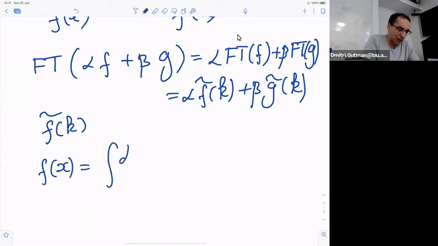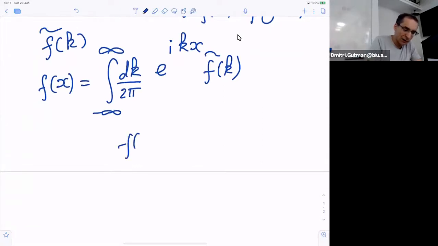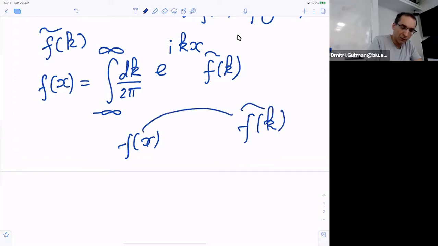Function f of x is an integral with respect to k divided by 2 pi from minus infinity to infinity, e to the power i k x, f tilde of k. So if I know f tilde of k, I can restore function f of x. So there are two sorts of functions, f of x and f tilde of k, and I can go from one into another by Fourier transform, and I can go back by inverse Fourier transform.